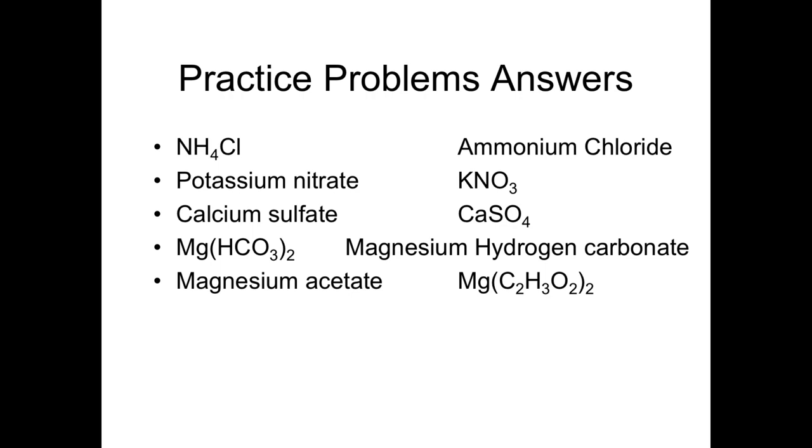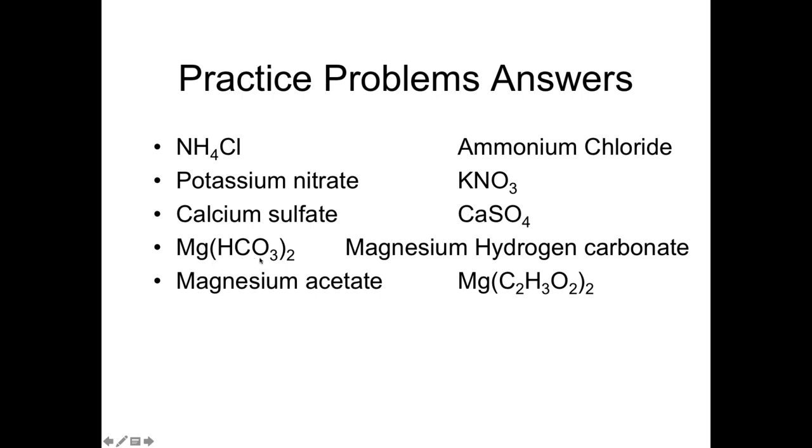So to review these, NH4 is a polyatomic. It's ammonium, and it's with Cl, which is chlorine, so it's going to be ammonium chloride. Potassium nitrate is a polyatomic. Potassium is K, nitrate's NO3, so it's KNO3. Calcium sulfate, calcium is Ca2+, sulfate's SO4 2-, so it would be CaSO4.